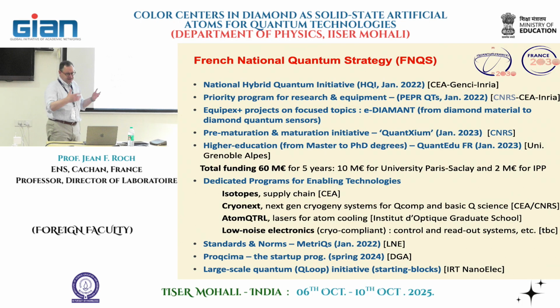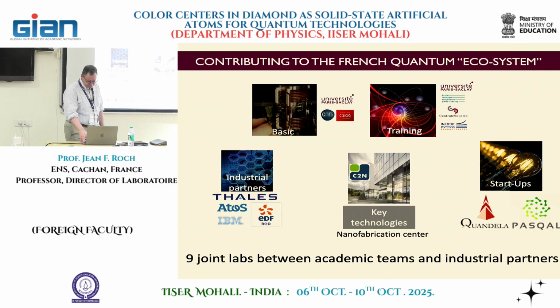And basically, this is how it was declined in a lot of small tasks. And I'm especially involved in this program, which funds PhDs and the development of quantum teaching activities.